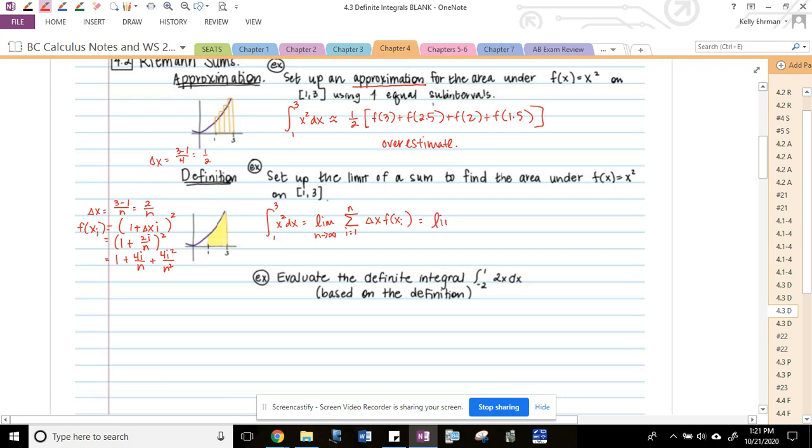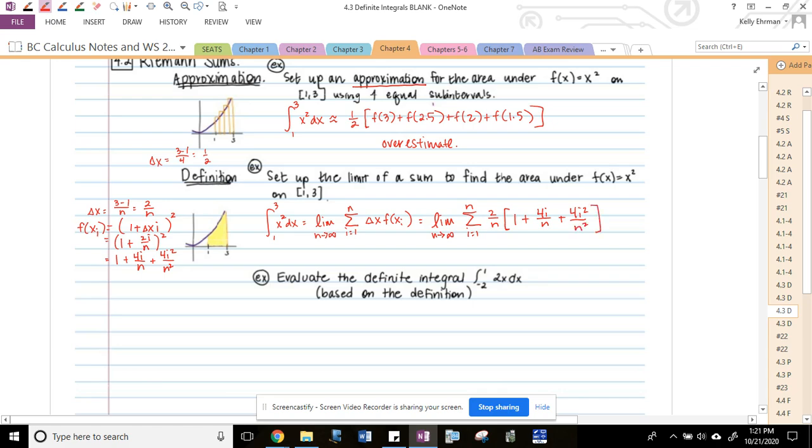So we're not going to go through the entire evaluation process, but I am going to write this out. The limit as n approaches infinity of the sum from the first term to the nth term of 2 over n, that's delta x, times 1 plus 4i over n plus 4i squared over n squared.